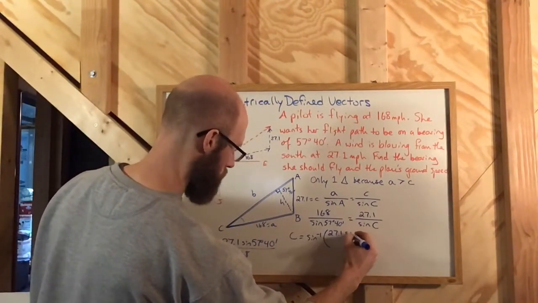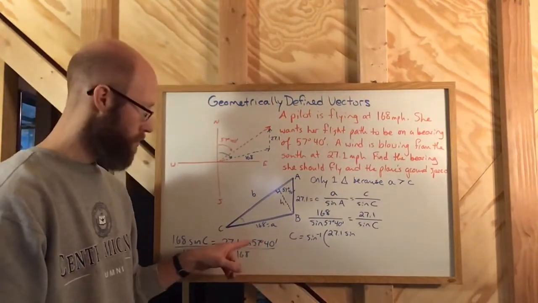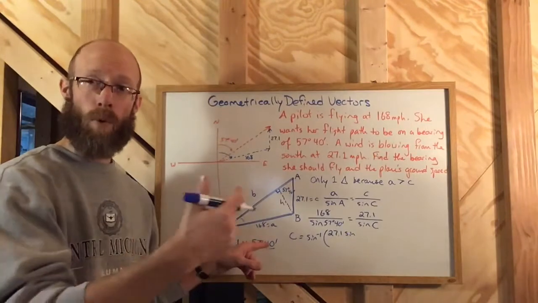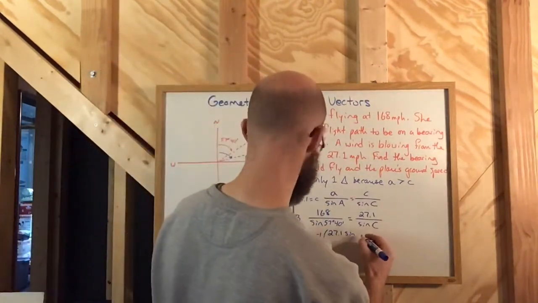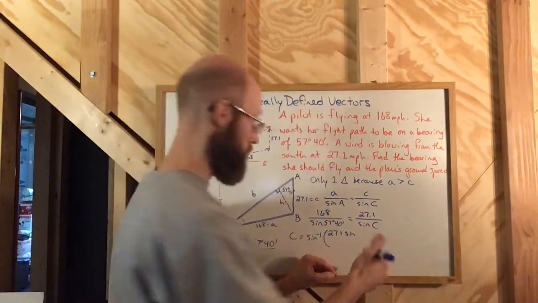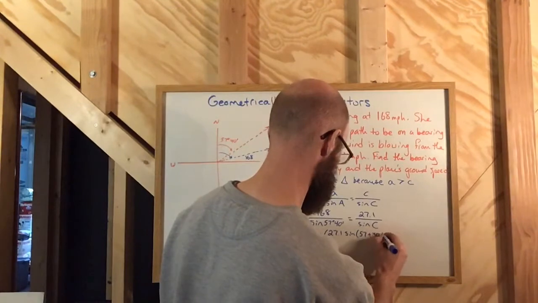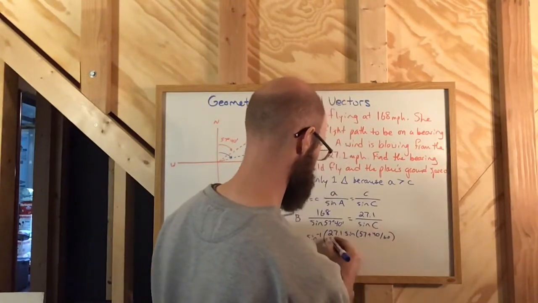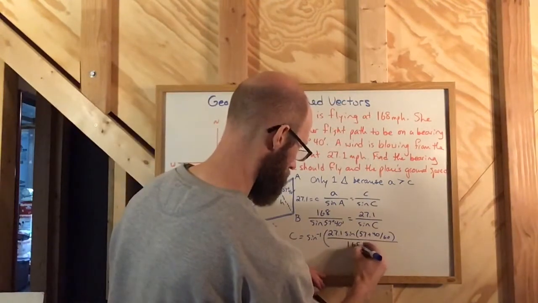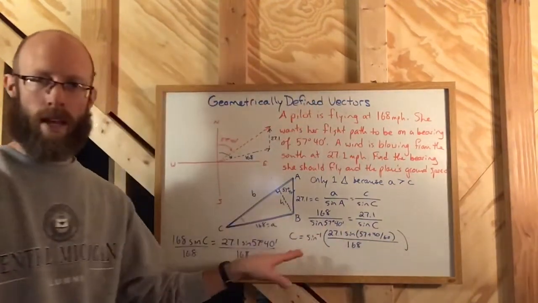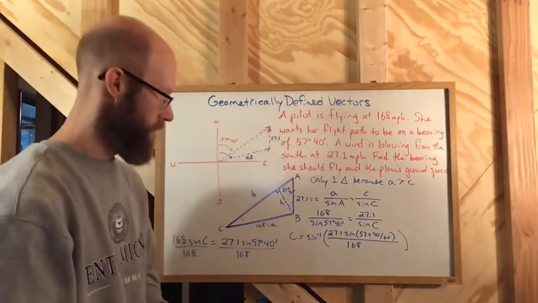27.1 sine. Now when I type it in my calculator, remember I'm going to do 57 plus 40 over 60. That gives me my minutes as a fraction of degrees. So it'd be 57 plus 40 over 60. That's what's going in my calculator, all over the 168. I wrote it up here as though I was typing it in the calculator, though it's structured a little differently.